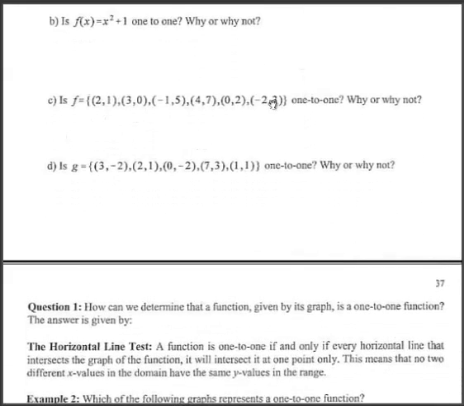So let's look at C. Okay, well, is f a function? We already know how to check this. We simply check the first element of each ordered pair, and we ask ourselves, do they repeat? 2, 3, negative 1, 4, 0, and negative 2.